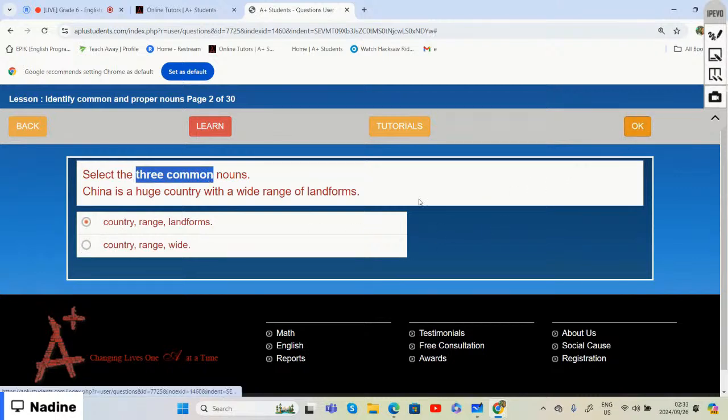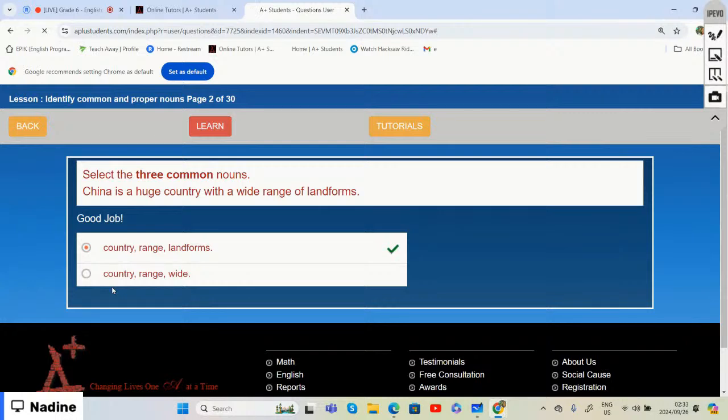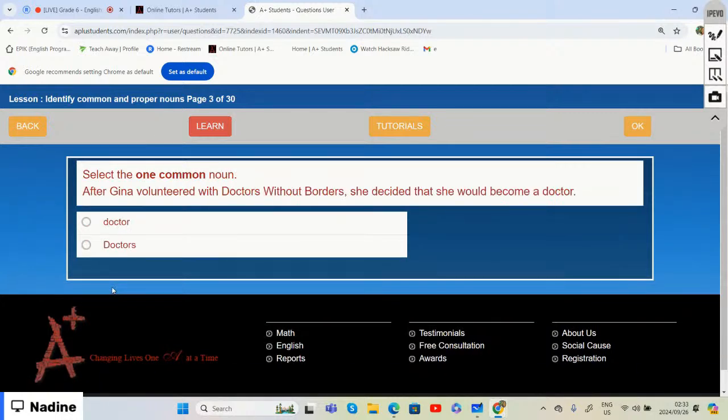And if we were to choose the correct option, then it's option one, country, range, landform, not wide. So option one is correct.